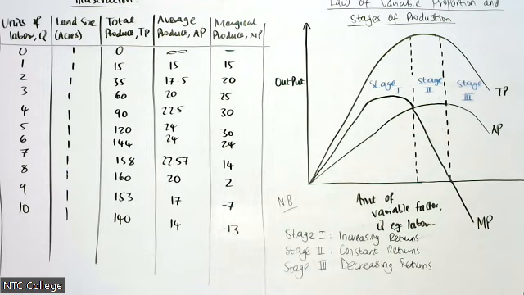The best stage of production for a farm will be at stage 2, where the farm experiences constant returns, but at maximum level.